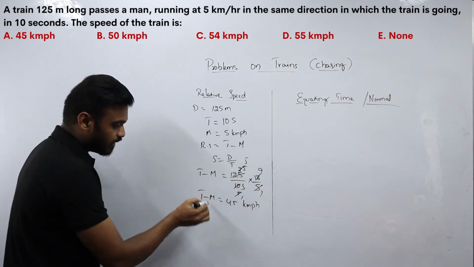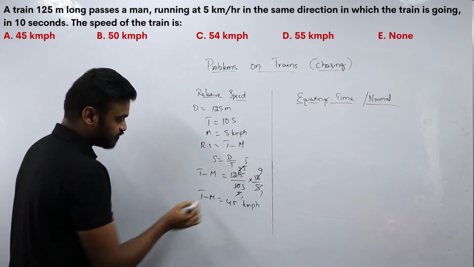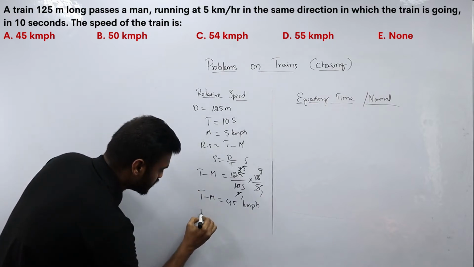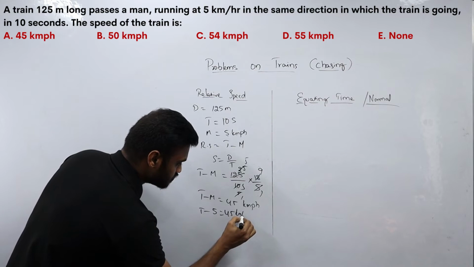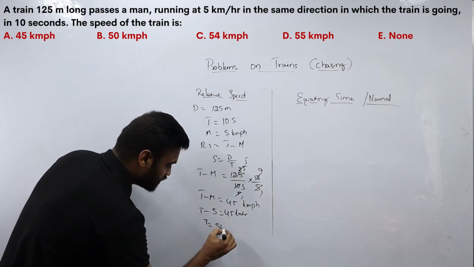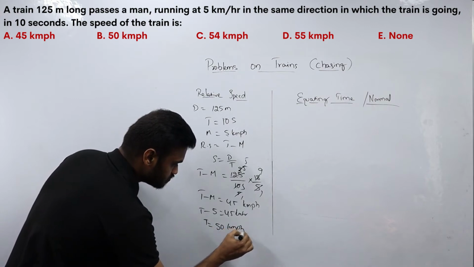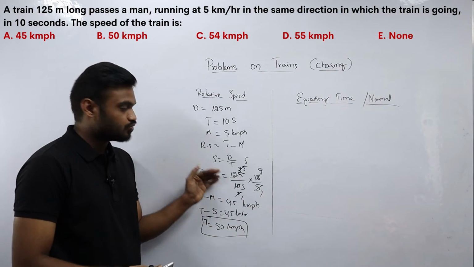We know the man speed is only 5 km per hour. Substituting, we get t minus 5 equal to 45 km per hour. So train speed equals 45 plus 5, that is 50 km per hour. So this is the total speed of the train that is overtaking the man.